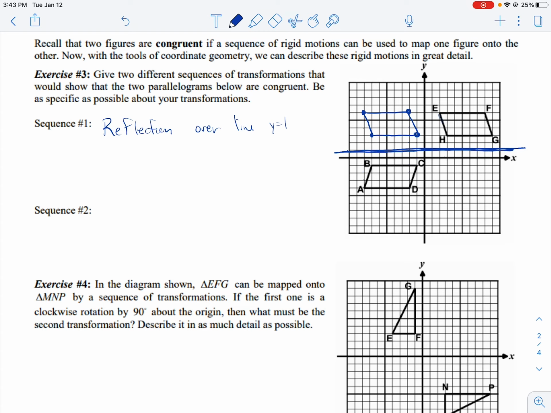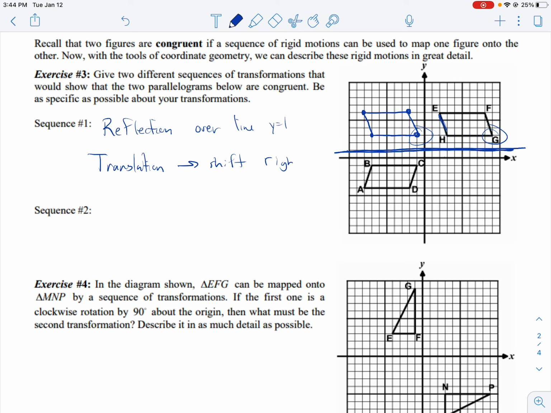Now, how do I get this image from here to map onto here? Well, I'm going to use a translation. So I'm going to shift right how many spaces? Well, I want to get this point mapped onto this guy, so I'm going to have to go over 1, 2, 3, 4, 5, 6, 7, 8, 9, 10.